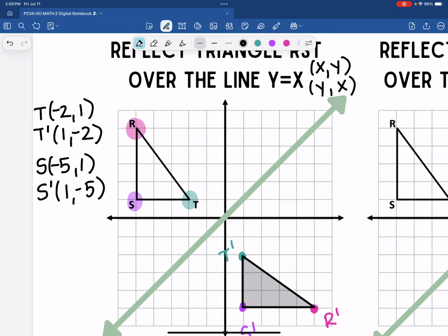And then finally, I have my R. My original R was at -5 and 5. Then my R prime, we would just flip that x and y to make it 5 and -5.